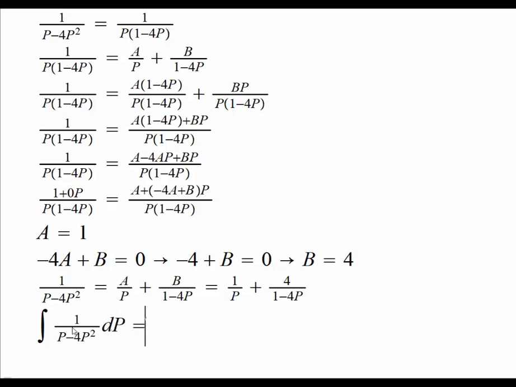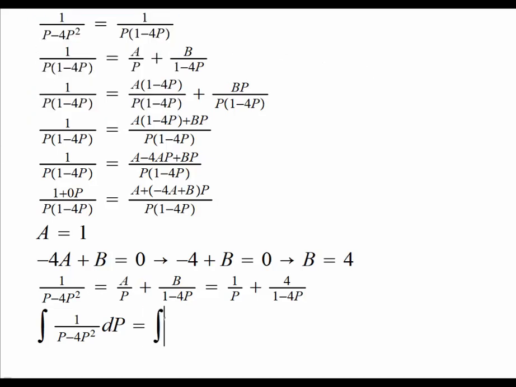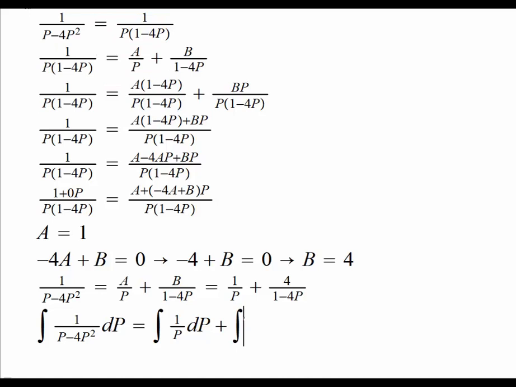That will be the integral of 1 over P dP plus the integral of 4 over 1 minus 4P dP, right?